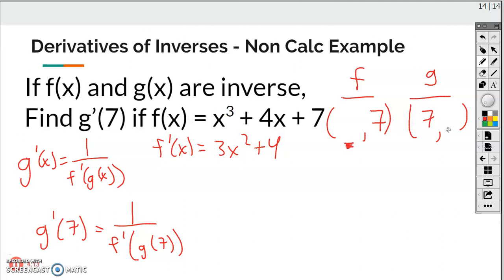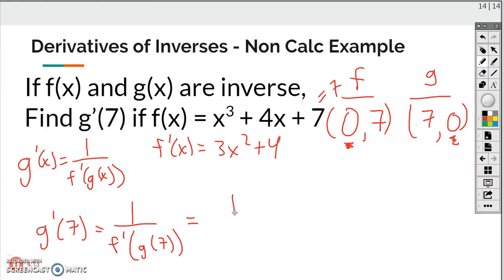And whatever the x value is here is going to match the y value here. So I would take f of x and set that equation equal to 7. Now in this case, you can see that at x equals 0, 0 plus 0 plus 7 would equal 7. So on f, there's a point (0, 7), which means on g, there's a point (7, 0). So g of 7 is 0.